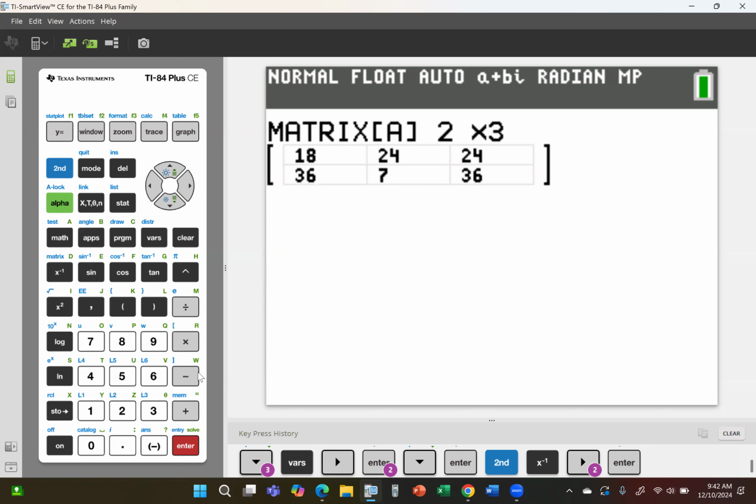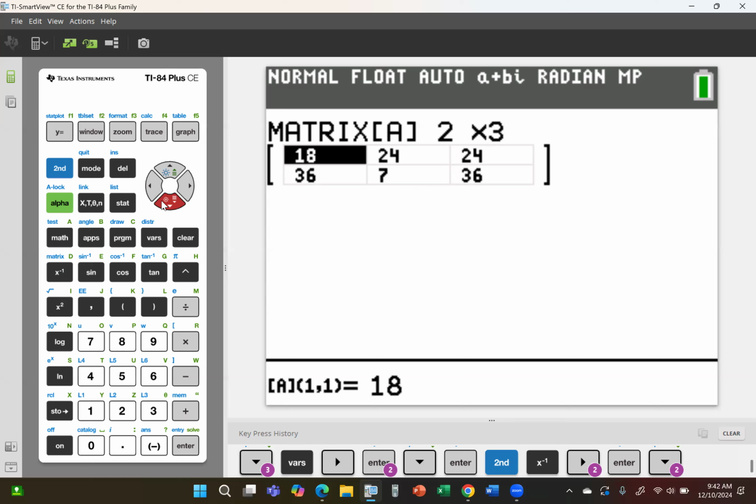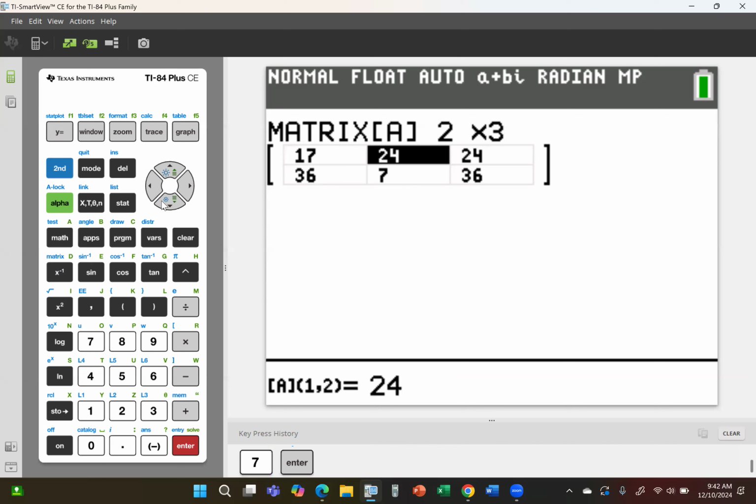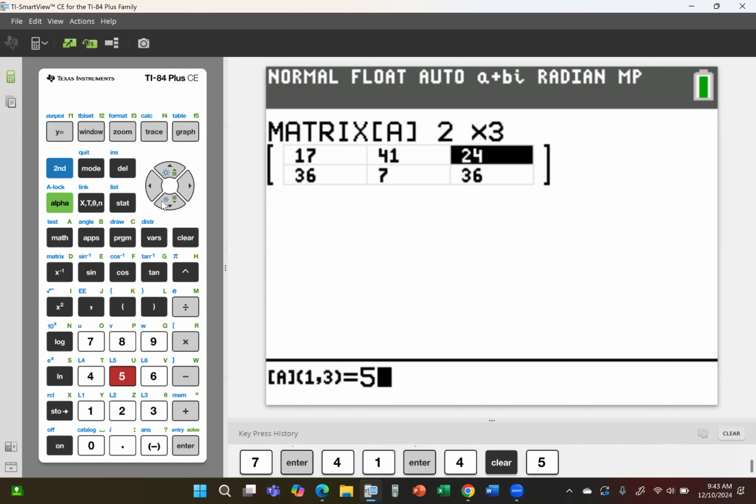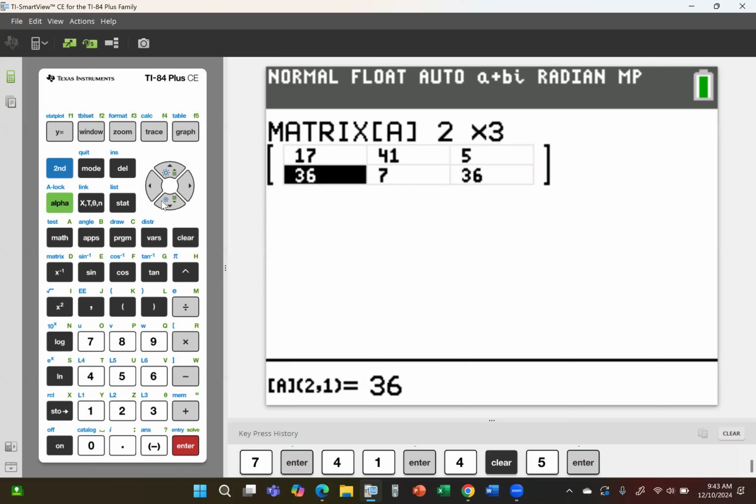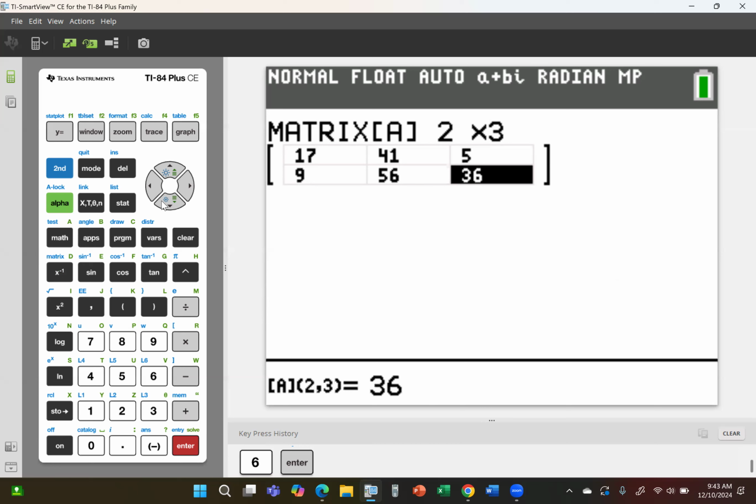which is different than what I have. Well, I guess I'll put it in. I don't know where those numbers came from. Let's put them in. So what did we have? 17, 41, 5, and then what was the second row? 9, 56, and 16.